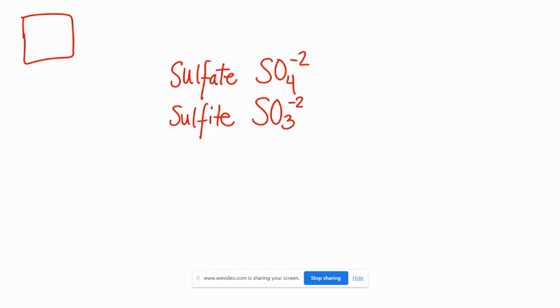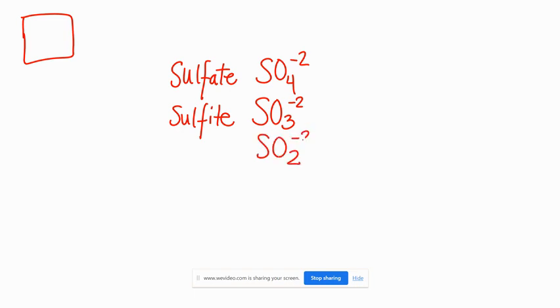If I continue reading my rules, it says the hypo plus ite for the 2 less. So if I have 2 less oxygens than the sulfate here, what would my formula be? SO2.